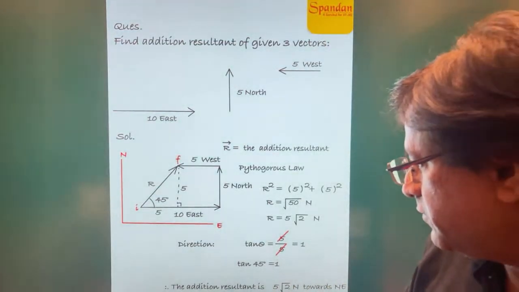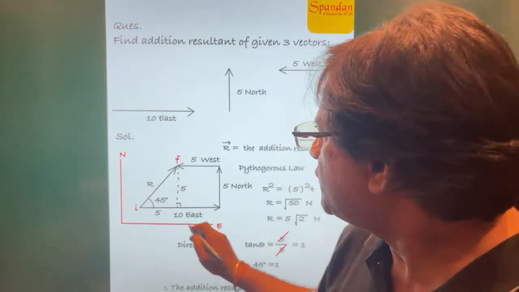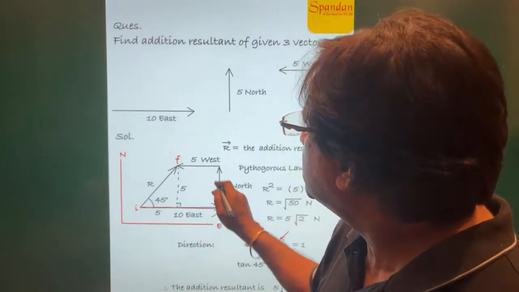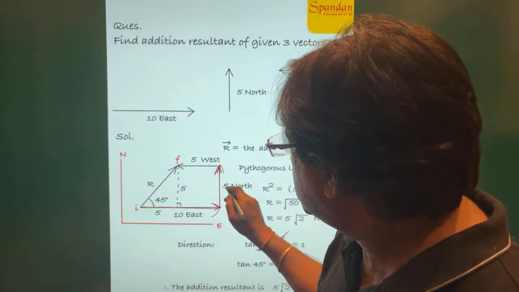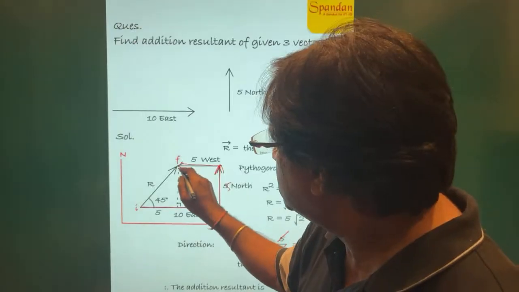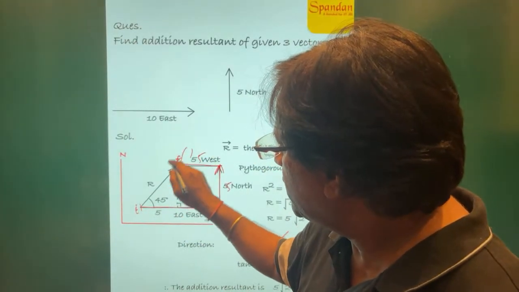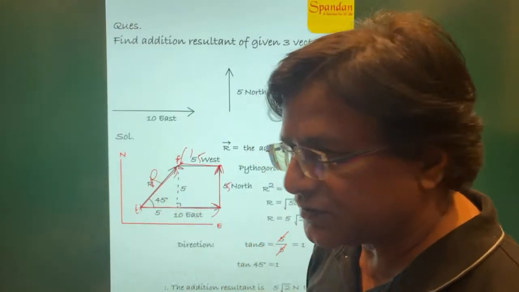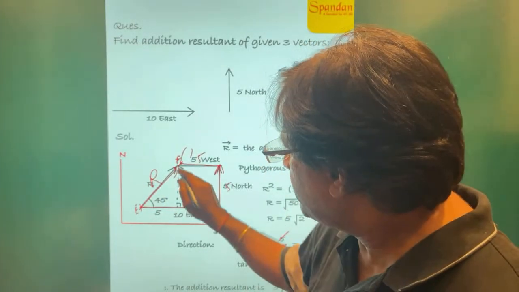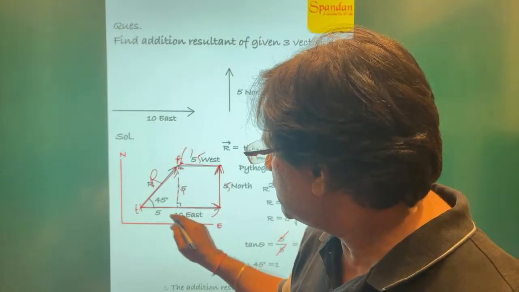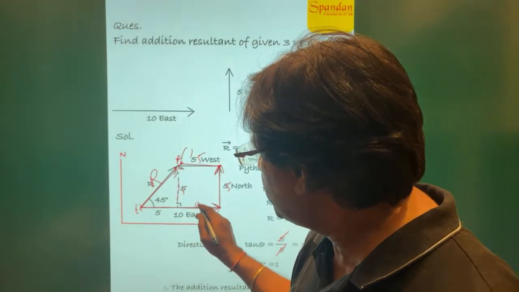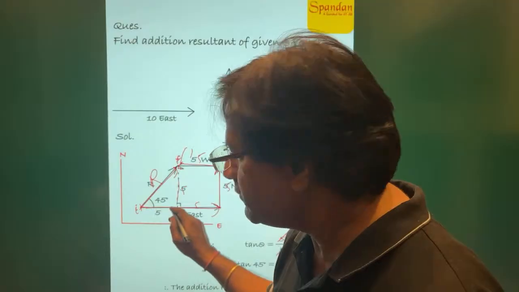So here we will see that first we will write 10 Newton, then next same order 5, next same order 5. This will be say starting point, this is say final point, and this joining line is say addition resultant. So this is 5, this is again 5, so remaining we are getting here 5, right?